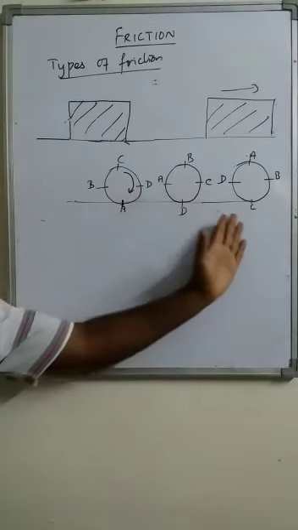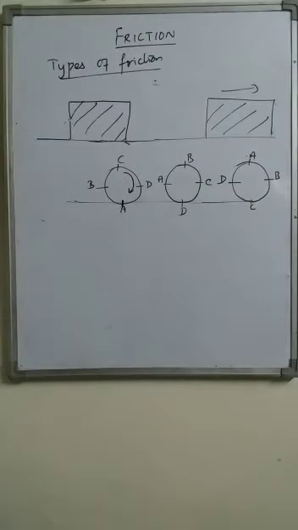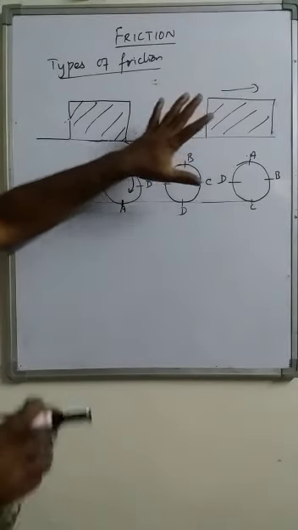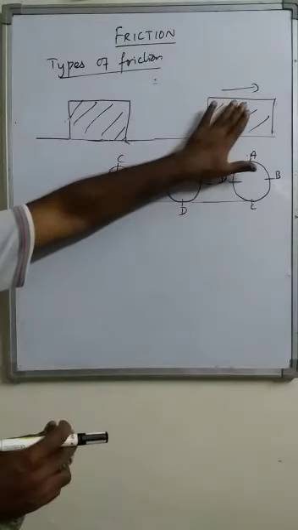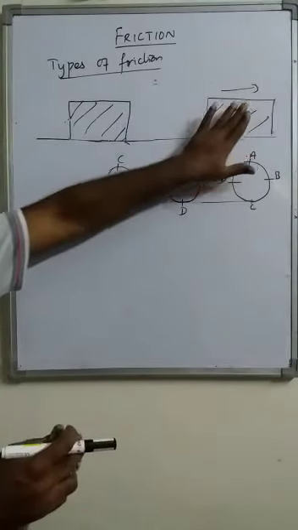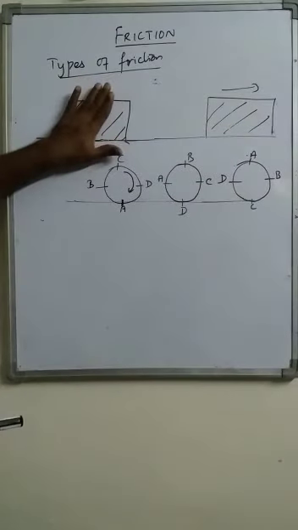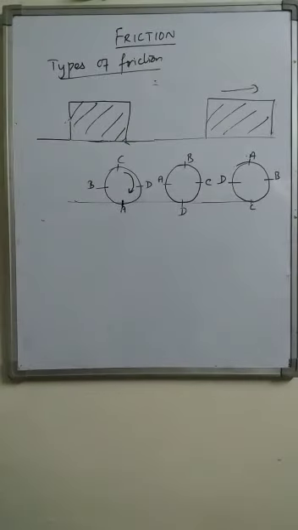That's why rolling friction is least and static friction is most. And this is the reason why sliding is less than static, and rolling is less than sliding. This is how we explained the order of frictions.